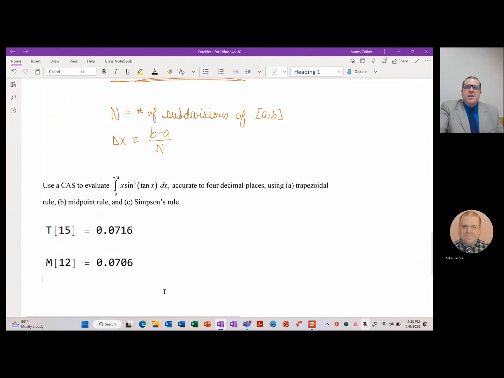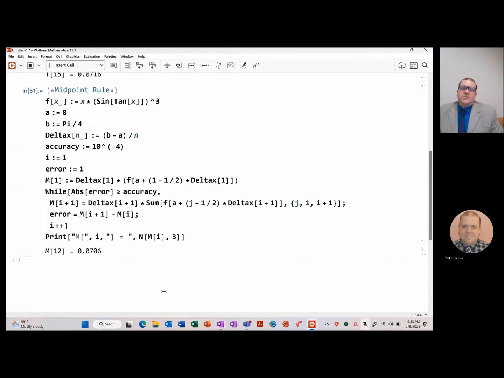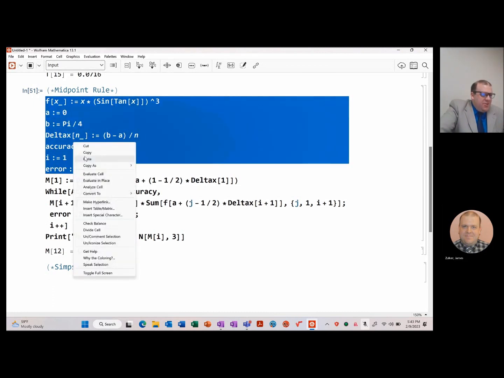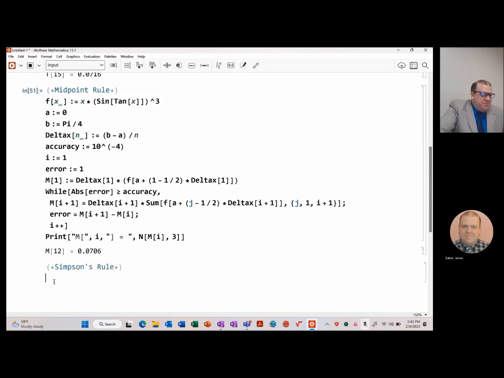I'll just go ahead and paste that over. Simpson's rule. Again, all of that is going to stay the same.